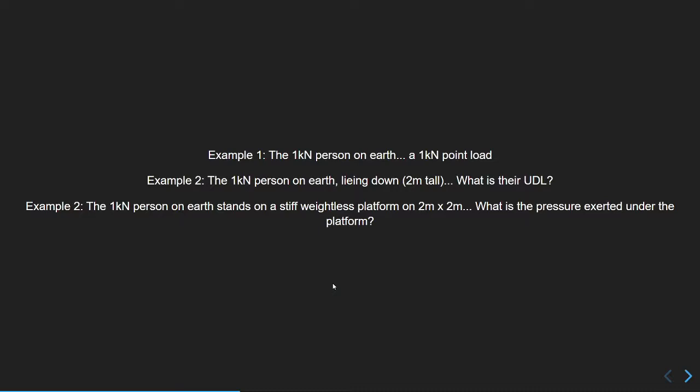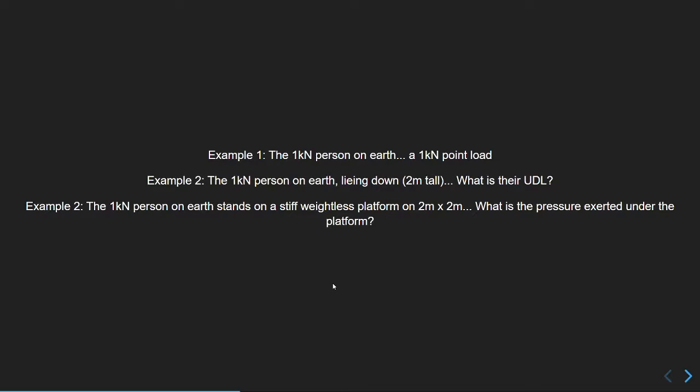So I'm going to ask someone other than Dingwen or Edward to answer some of these questions. There's a 1 kilonewton person that we measured earlier on Earth. If they stand at a single point, that's going to be a 1 kilonewton point load.